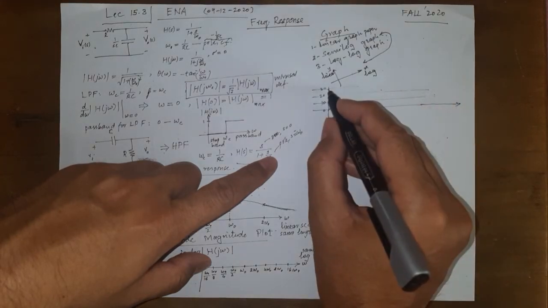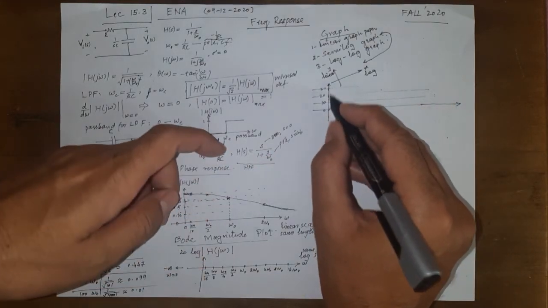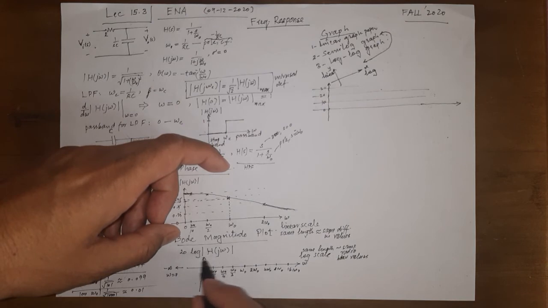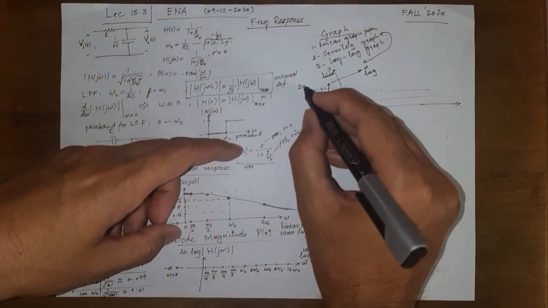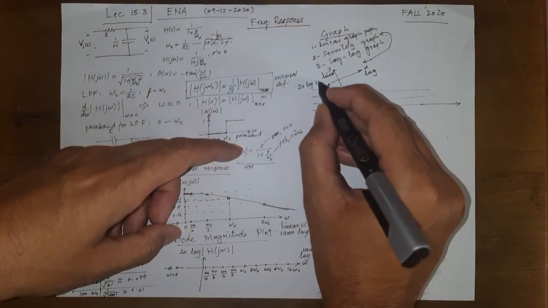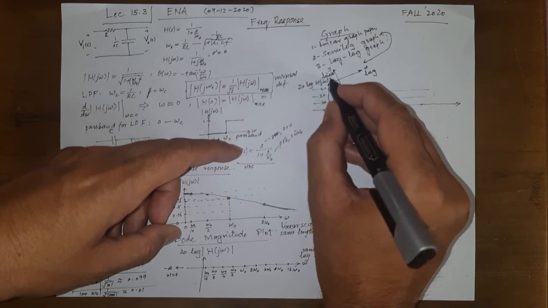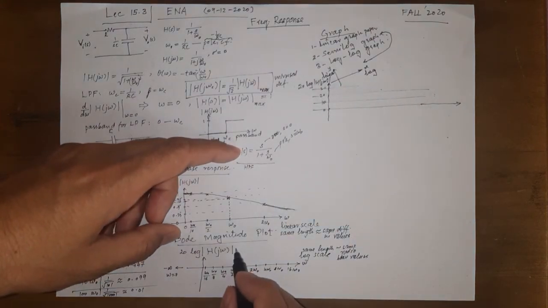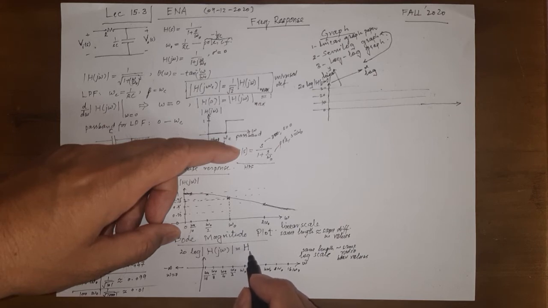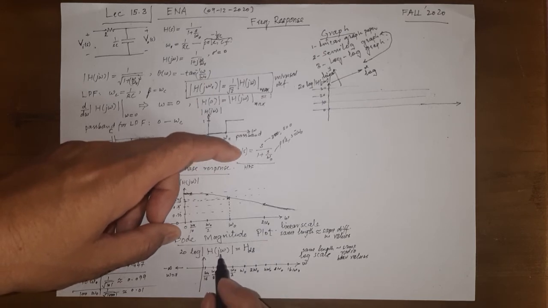So we would use this y-axis to plot the value 20 log of the magnitude of H of j omega, and Bode labeled this as H in dB. dB is a unit attributed to this quantity, 20 log of something.